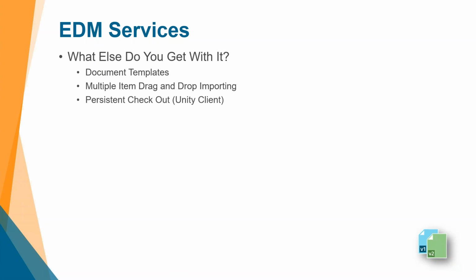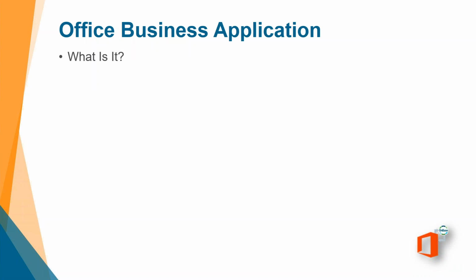So that really concludes everything that we're going to talk about within EDM services, but the other half of this webinar was to talk through the Office Business application. Well, what is that, all things said and done, and how does that complement?